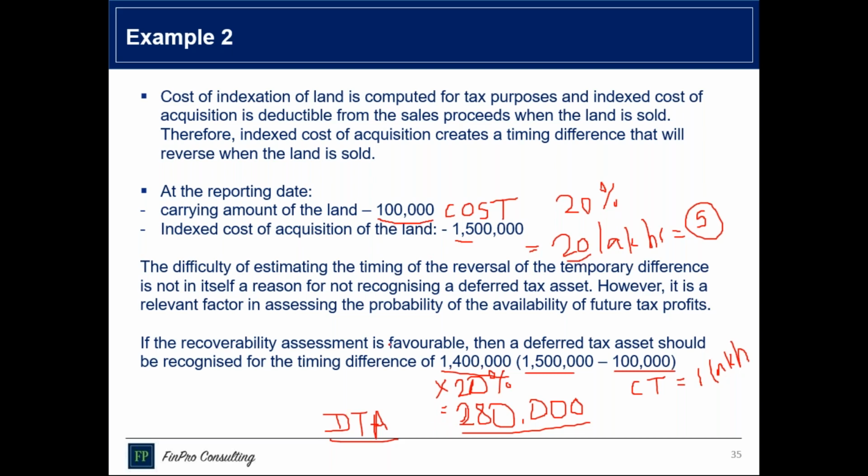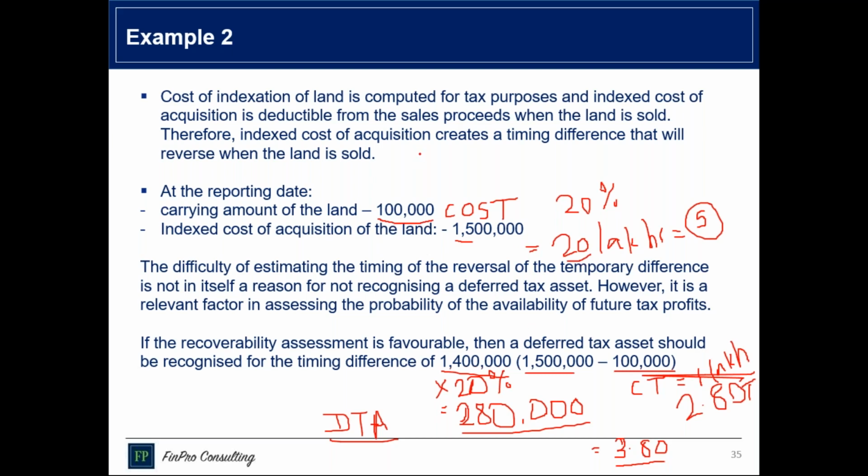This deferred tax asset will be reversed and it will create an expenditure. So 2.8 lakhs will be deferred tax expense. Thereby my total expense is 3.80 lakhs.